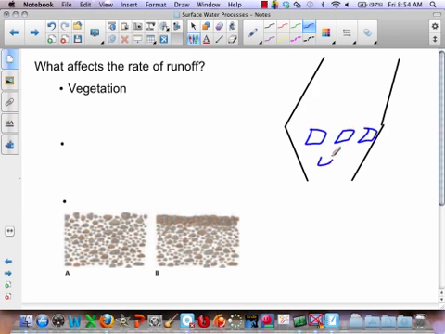The whole point of that is so that when the water comes down the channel, it's going to hit this and deflect off, and it really slows down the amount of water flow that's coming down that cascade. You're trying to reduce the amount of runoff.